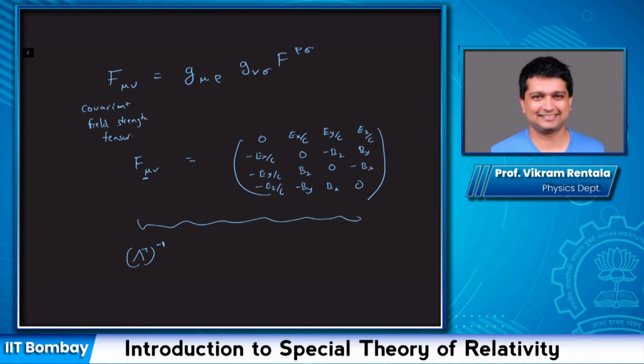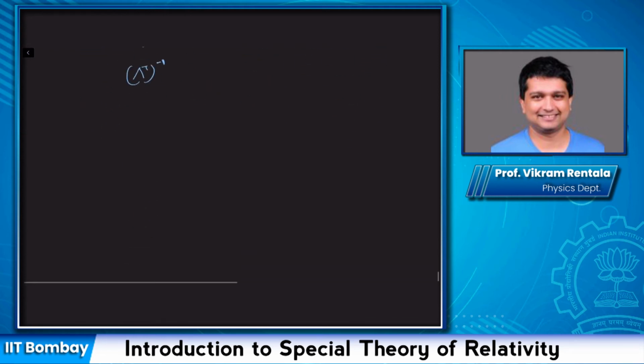And it's also useful to note that in 4 dimensions, there is a particular tensor which is useful when we write down Maxwell's equations. This tensor is called the Levi-Civita tensor. Okay, and this tensor is defined like so.